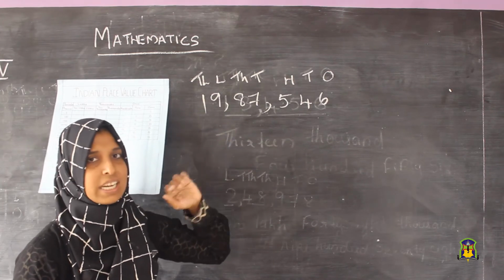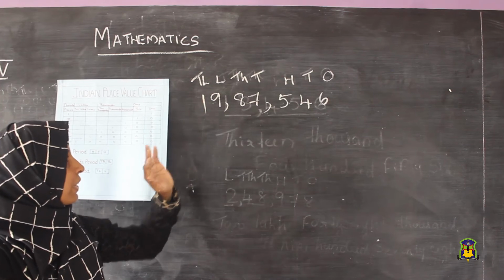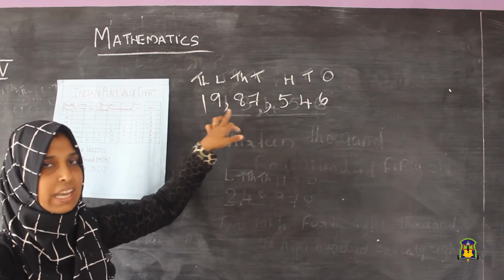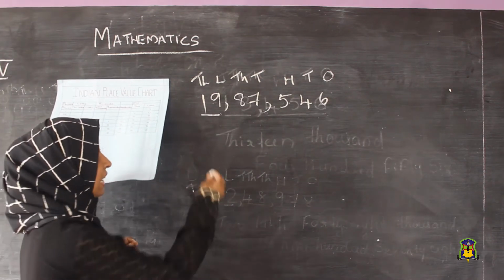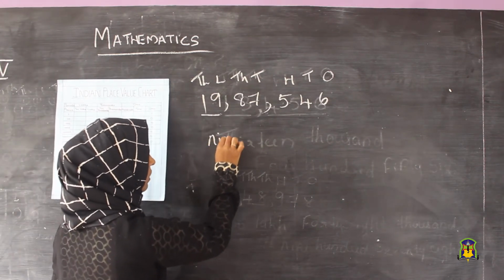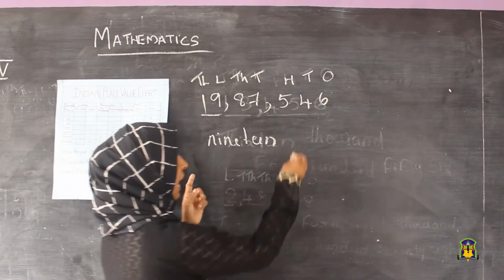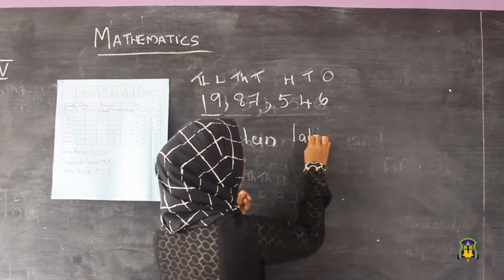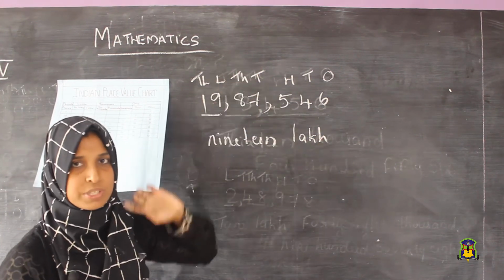How do we write the number name? In the lakh period we have 19. We read the number together, that is 19. Which is the period? Lakh. 19 lakh. Then 87 in the 1,000 period.